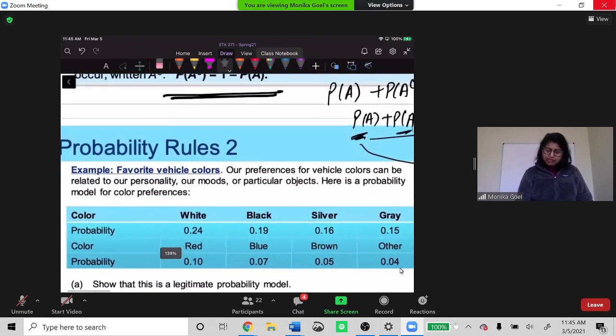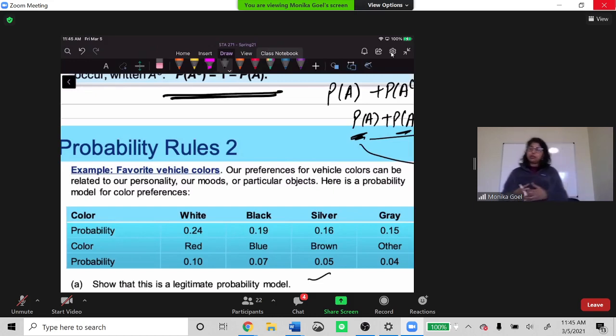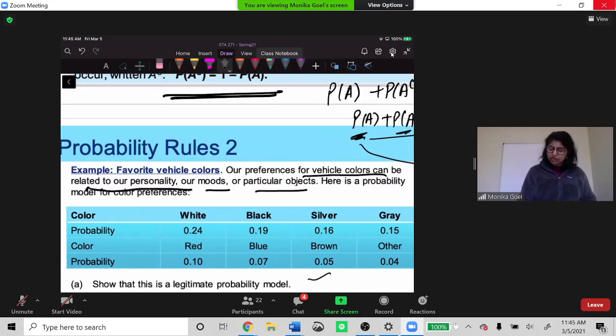So here is an example, and it says, show that this is a legitimate probability model, or a right probability model to work with. If you have a model provided to you, the first thing you need to check is whether it's a right probability model you can work with. It says that our preferences for vehicle colors can be related to our personality, our moods, our particular objects.